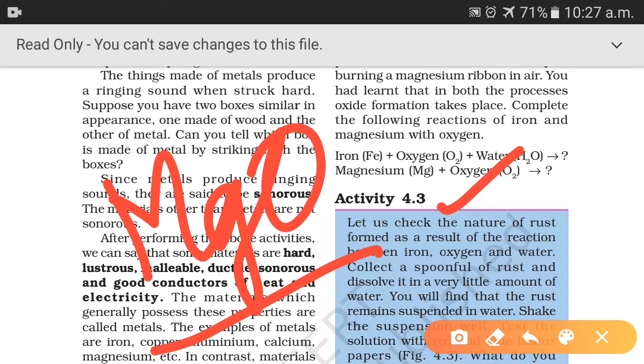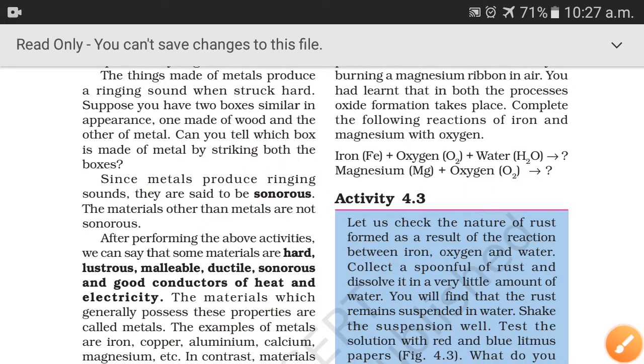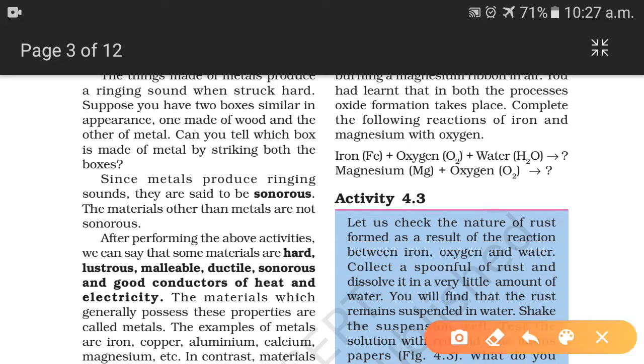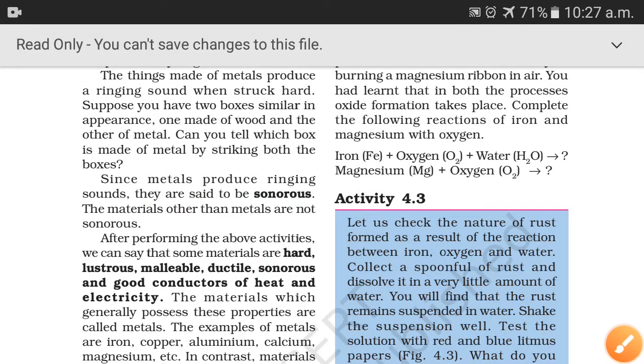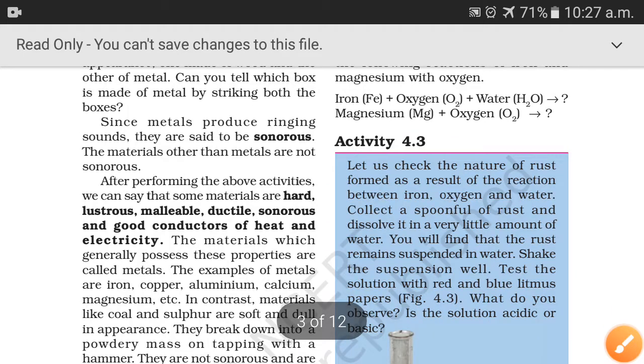So by this reaction we can understand that when metals react with oxygen, they form metal oxides. When iron reacts with oxygen, it forms ferric oxide, Fe2O3, and when magnesium reacts with oxygen, it forms magnesium oxide.